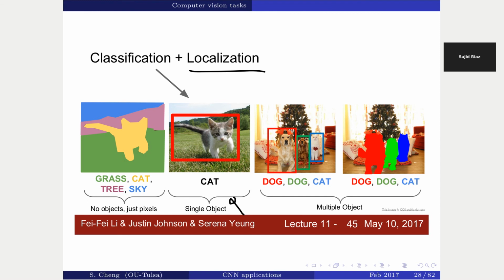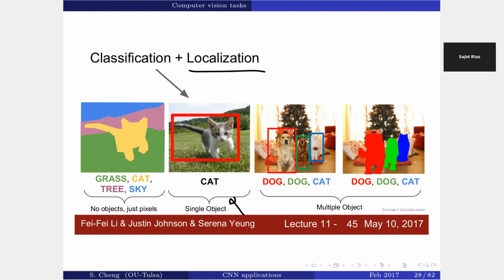Each of them is a score, and then we go through a softmax, which gives me a probability. Then I can see that the coefficient corresponding to the cat class has the highest value, closest to 1. Therefore I identify this as a cat.